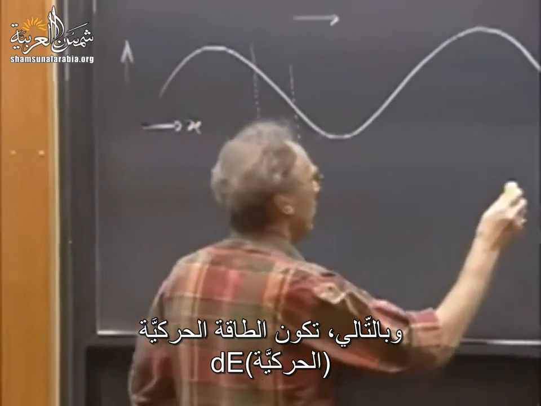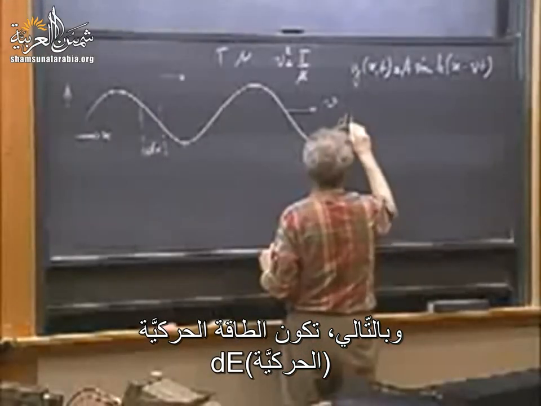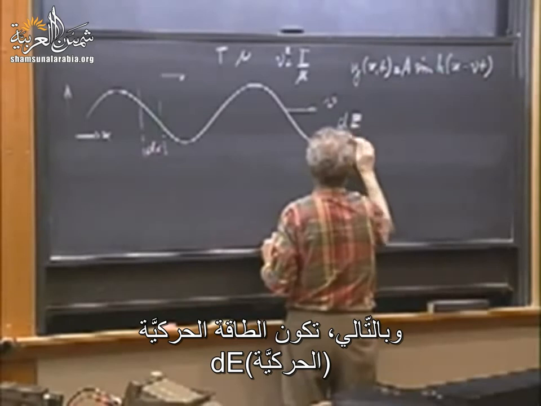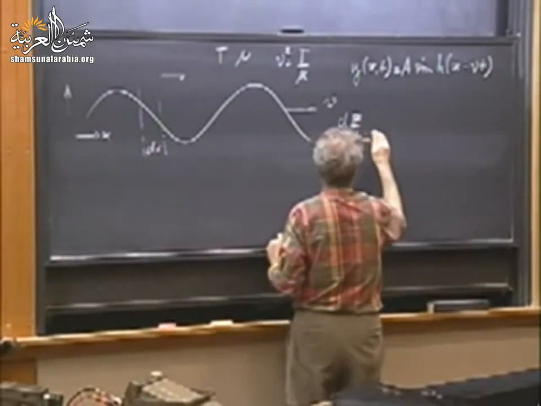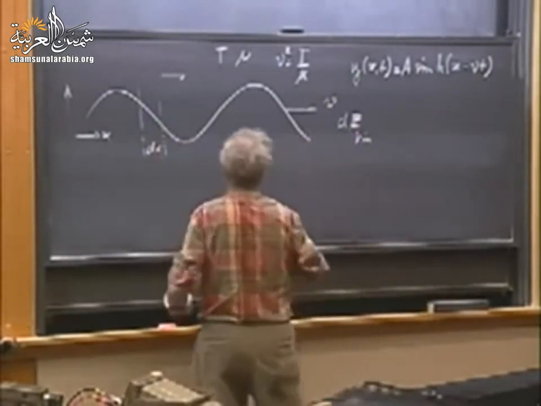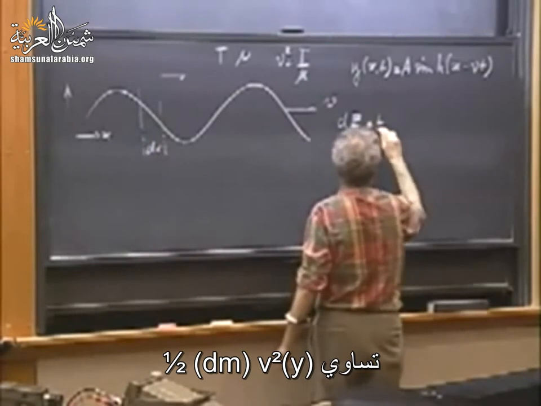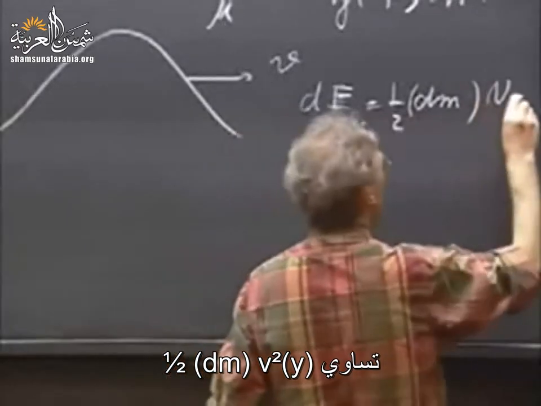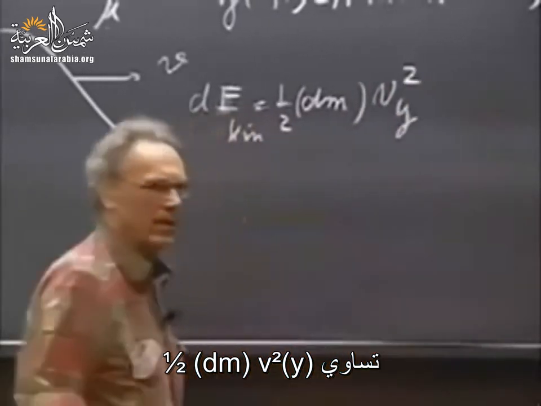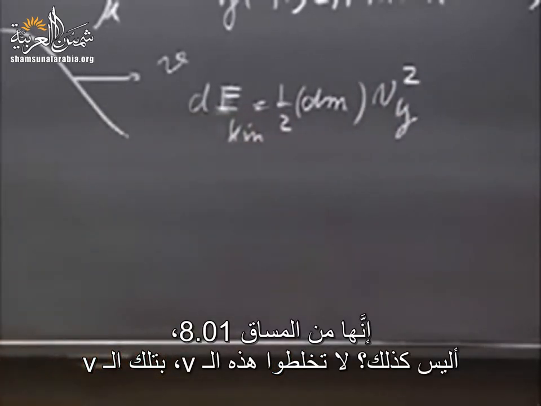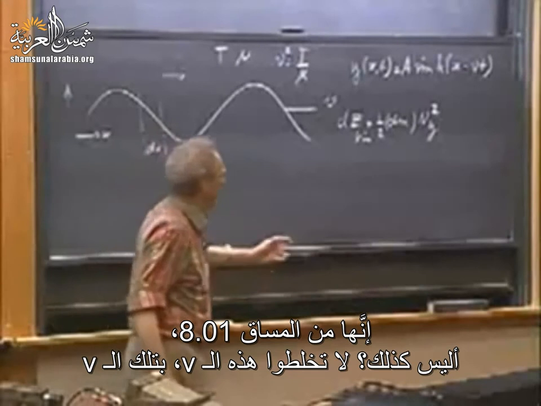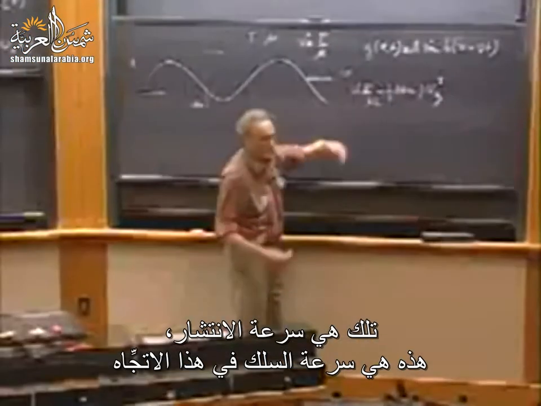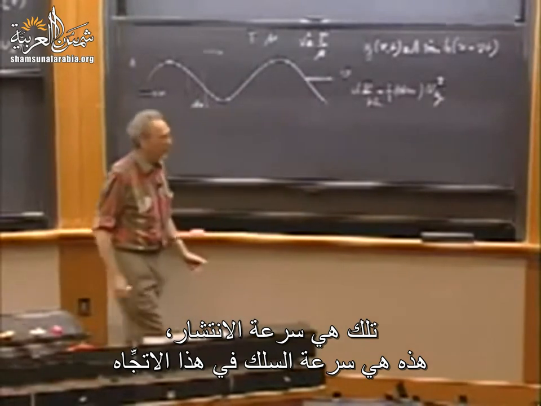Then the kinetic energy, dE kinetic, a tiny little bit of kinetic energy, is 1/2 times the mass dm times the velocity in the y direction squared. That is 8.01, right? Kinetic energy is 1/2 mv squared. Never confuse this v with that v. That is the velocity of propagation.